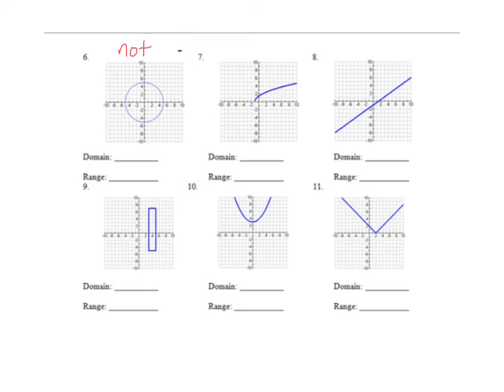Anyway, it is a function. The next one is a line. It's also a function. Number 9, I don't even know what it is. This is not. Number 10 is quadratic, and it is a function. And this last one is the absolute value graph. It looks like a V. It's a piecewise function, and it is a function.